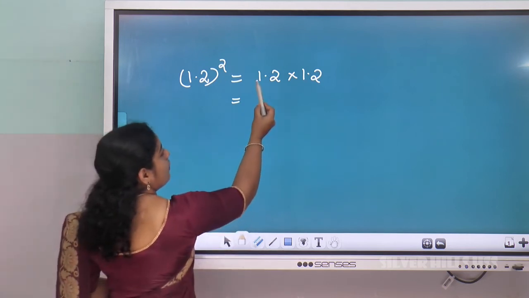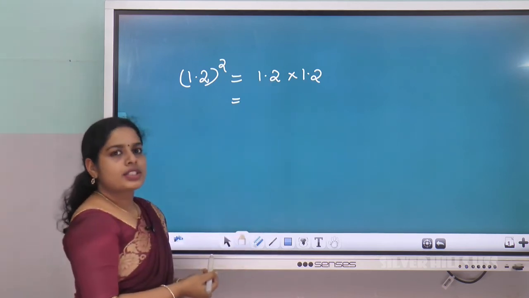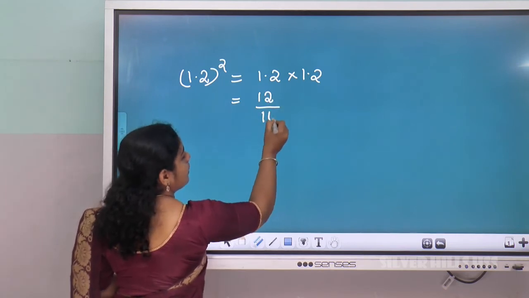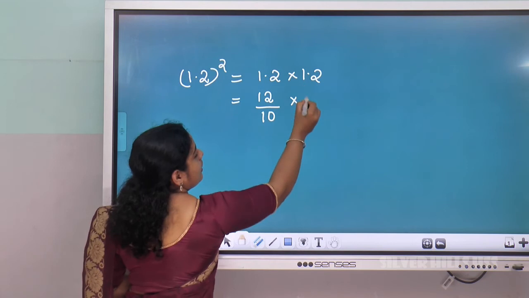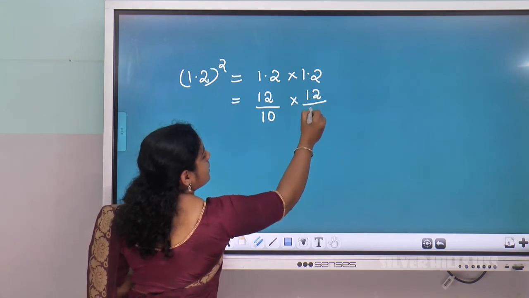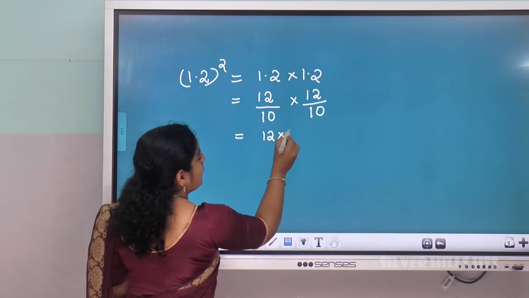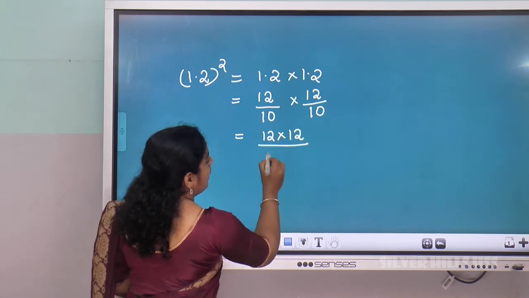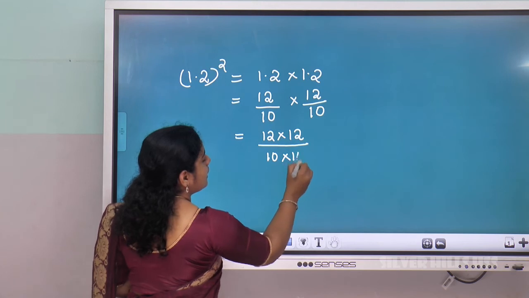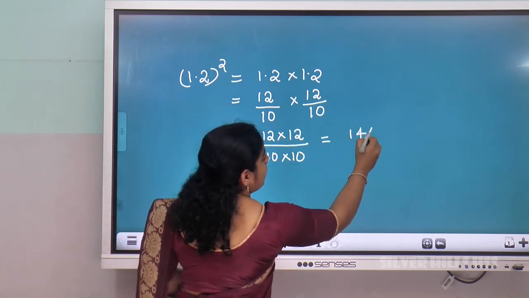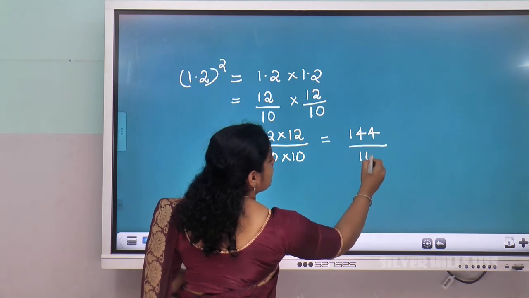So we have 1.2, which as a fraction will be 12 by 10 into again 12 by 10. Now, if we multiply the numerator and denominator separately, we will get 12 into 12 is 144 by 10 into 10 is 100.